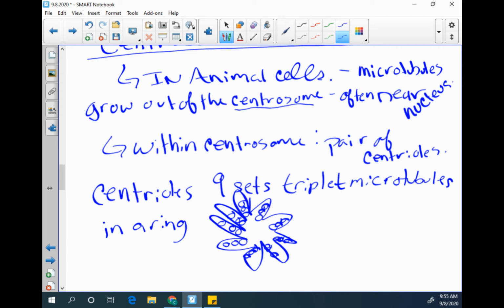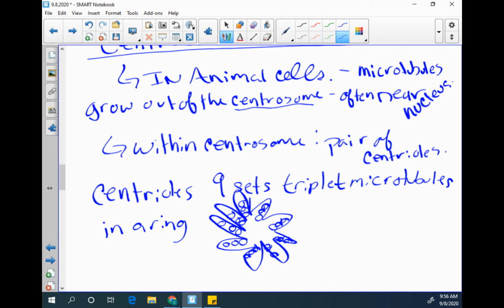These help in microtubule assembly, keeping things organized, monitoring the plus and minus ends. And this is only in animal cells. Some eukaryotes without centrioles organize microtubules in another way. This is just how animal cells do it.